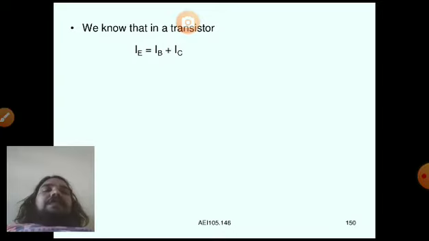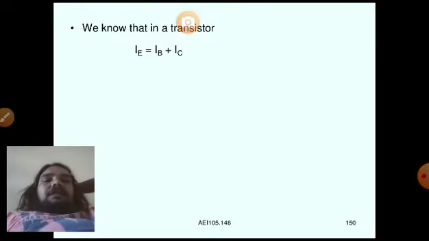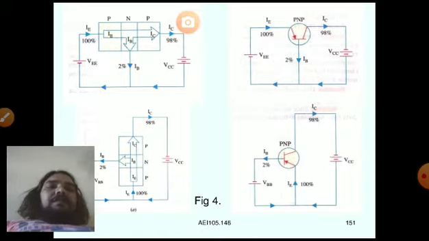We know the transistor formulation is IE is equal to IB plus IC, where IE is the emitter current, IB is the base current and IC is the collector current. This applies to NPN and PNP transistors in common emitter and common base configurations.